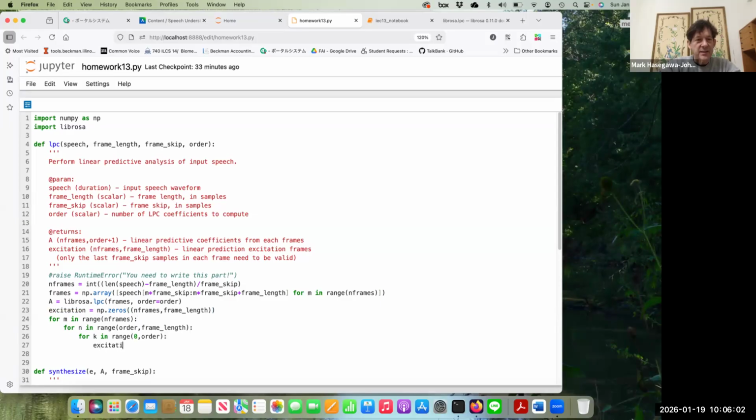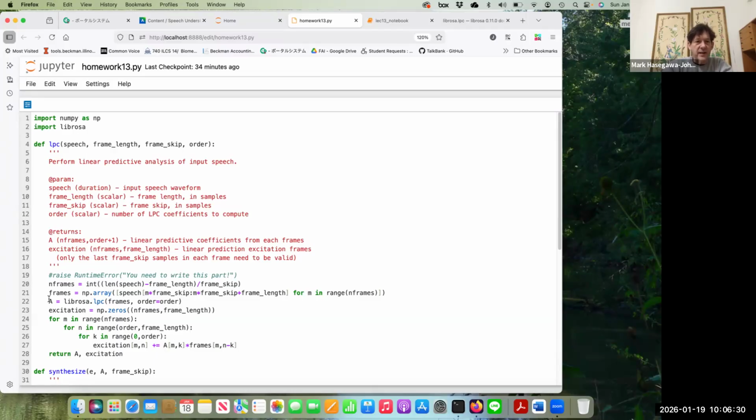And then to that 0, we will add the coefficient in the mth frame and the kth delay times the speech signal in the mth frame with n minus k as the delay. That should give us the whole excitation. So that now let's return A and excitation.